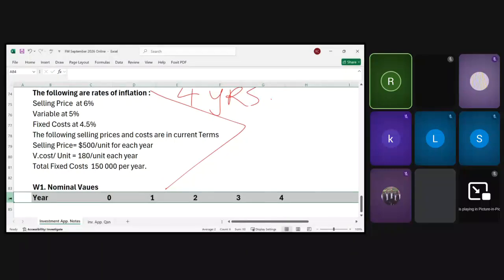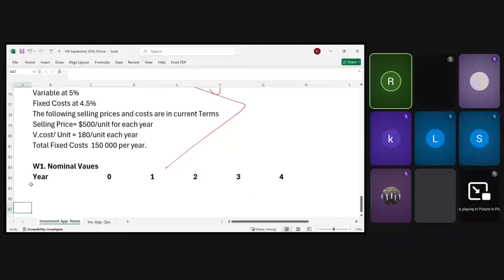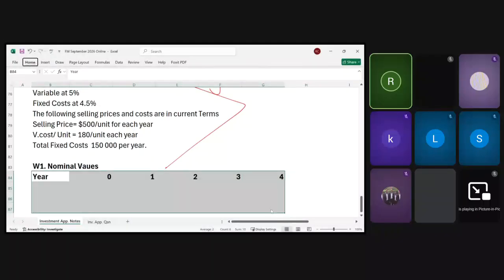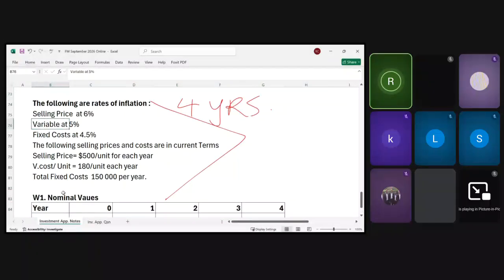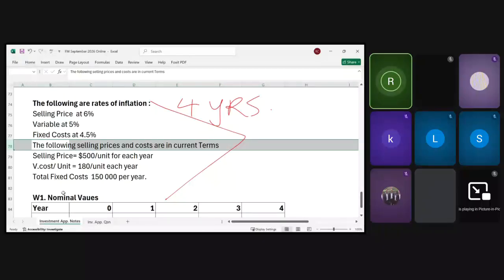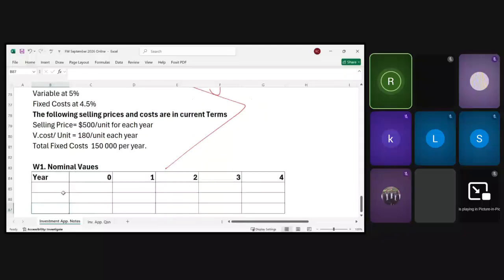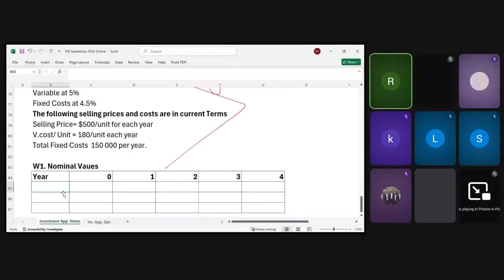So what I want to do is, first of all, inflate my selling price. Since the selling price inflation rate is 6%, and price without inflation is $500. So let's do that.